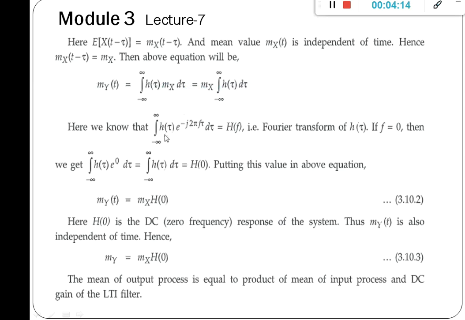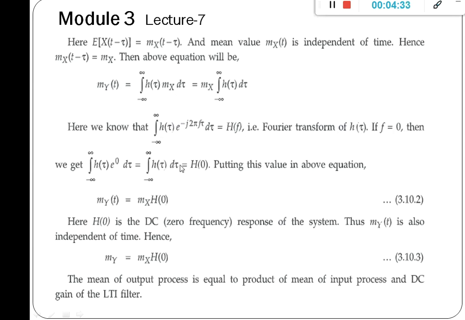We know that the integration from minus infinity to plus infinity of h of tau e raised to minus j 2 pi f tau d tau is the frequency domain representation, that is, the Fourier transform of h of tau.